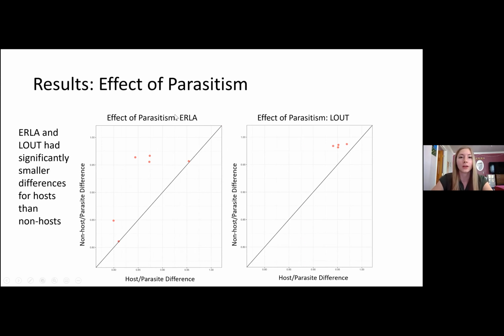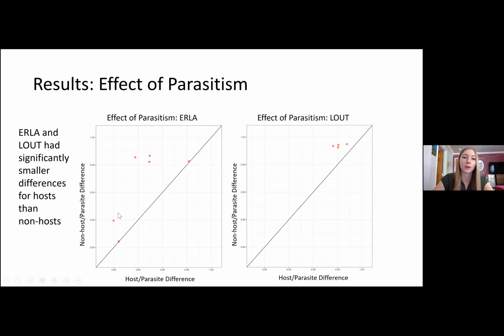So if we look at Urla and Lout, my 2 plants that had a statistically significant difference in the similarity between hosts and parasites, and non-hosts and parasites, we see that for Urla, 2 of the trios fall along this 1-by-1 line, indicating that there isn't an effective parasitism.